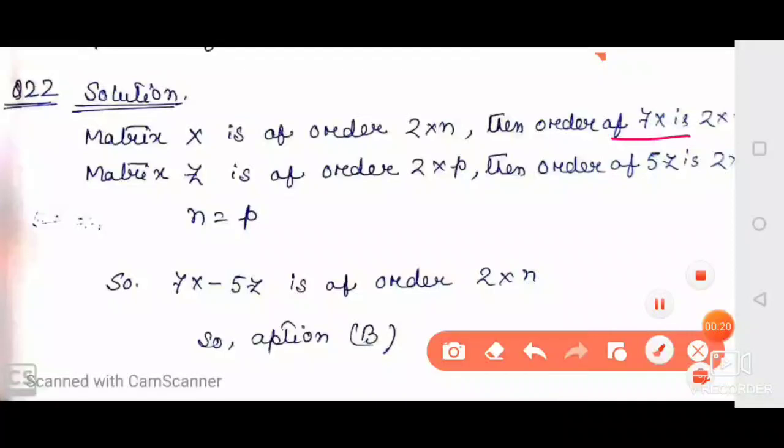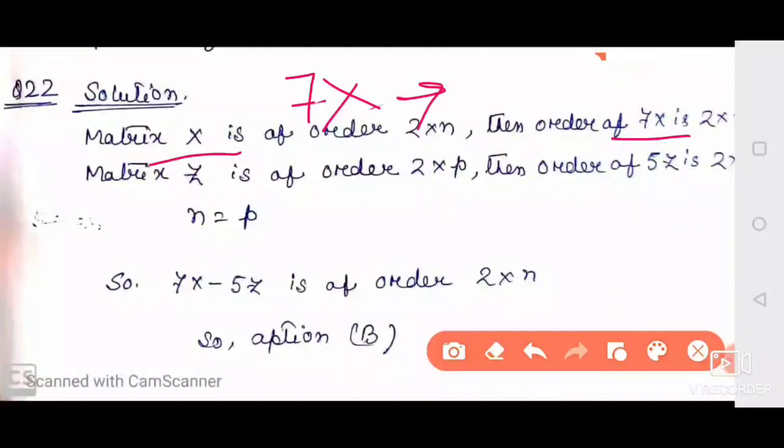See, since order of matrix X is 2 by n, and if we multiply this X by a scalar which is 7 here, then the order of 7X will not change. It will be same as the order of X which is 2 by n.